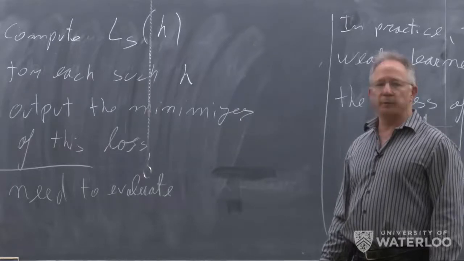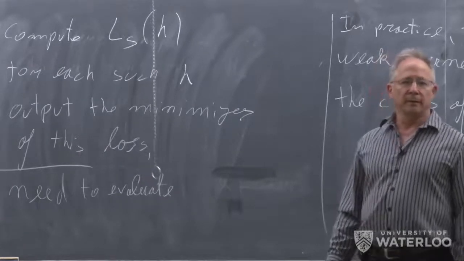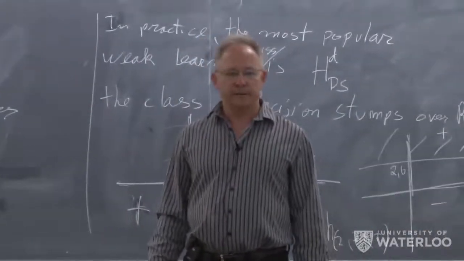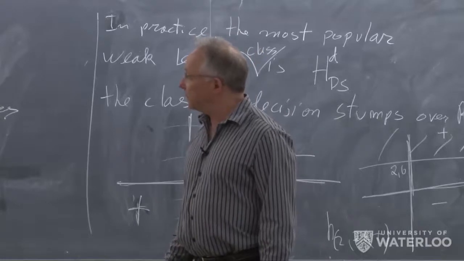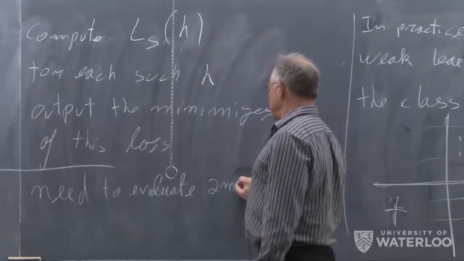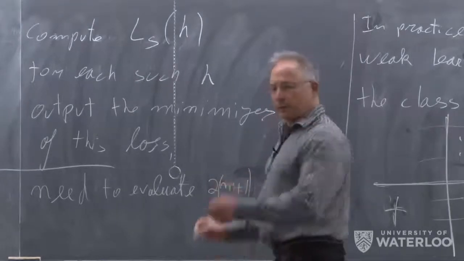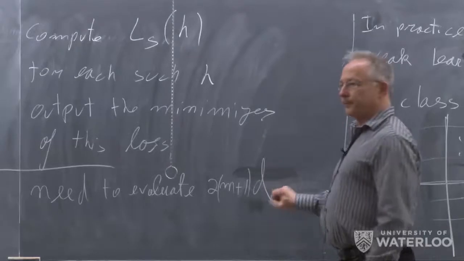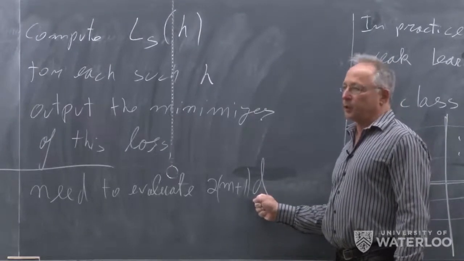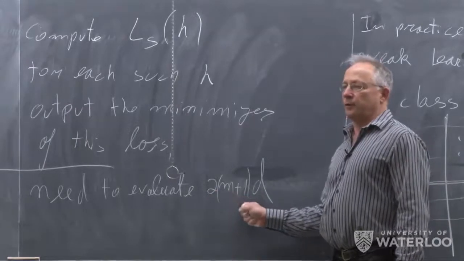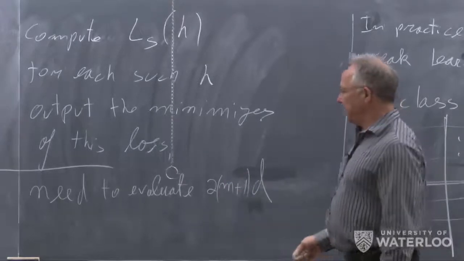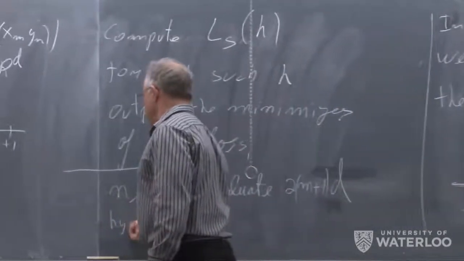So how many hypotheses do I have to evaluate in total? 2MD, right. 2M plus 1, there is also the times D. Once I pick the projection, I have to consider the threshold at every point, times 2 because I have the plus 1 and the minus 1. So that many hypotheses H.